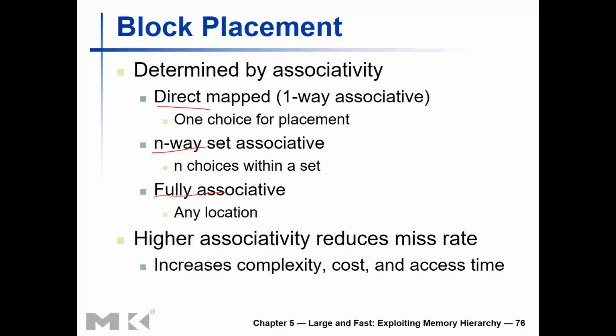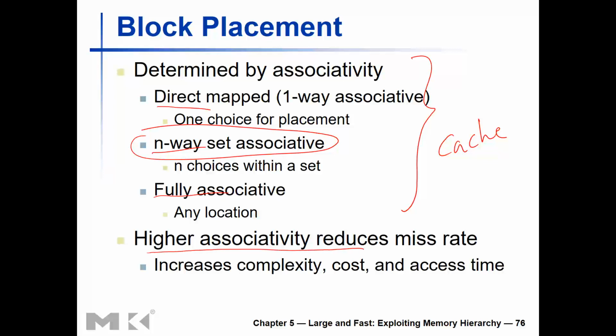You can use any one for the cache, preferably the n-way, but for the memory, you have to have a high associativity. We have all seen that higher associativity reduces miss rate at the expense of increased complexity and cost, obviously.